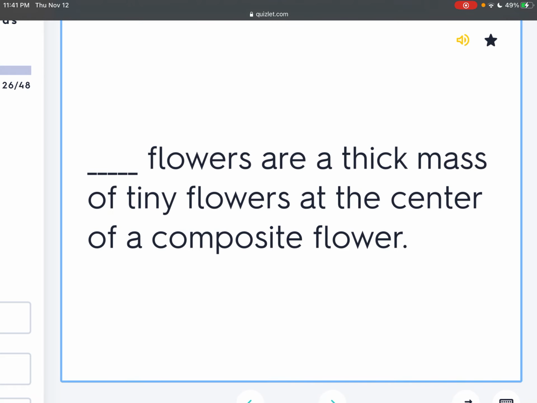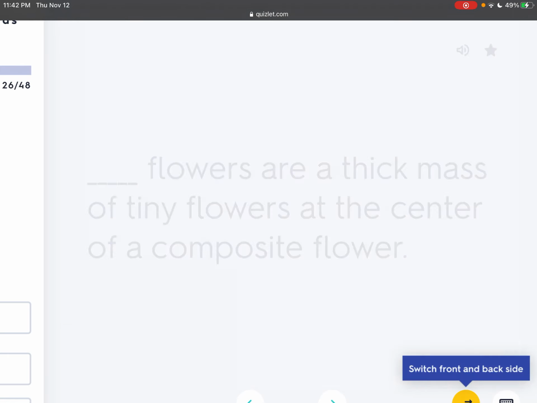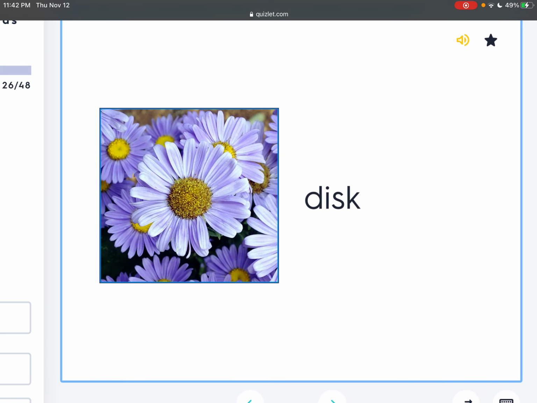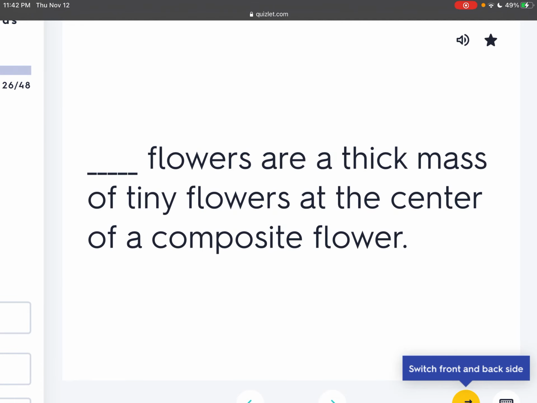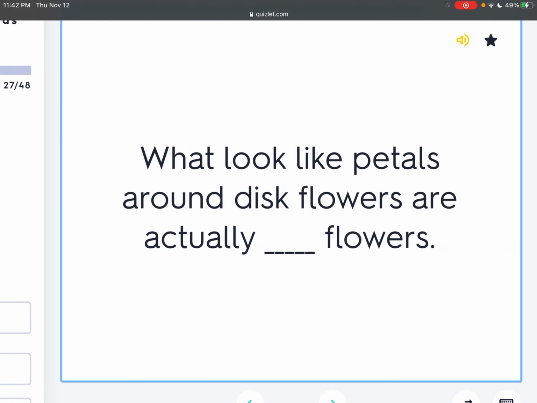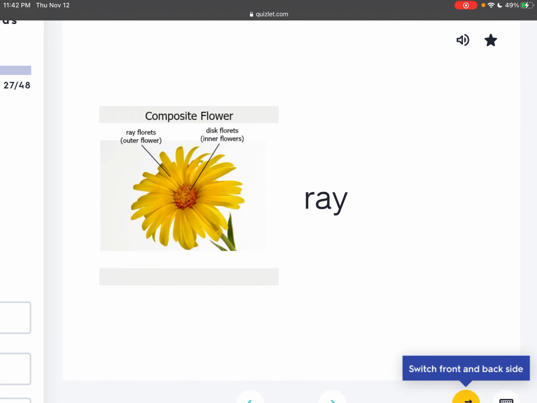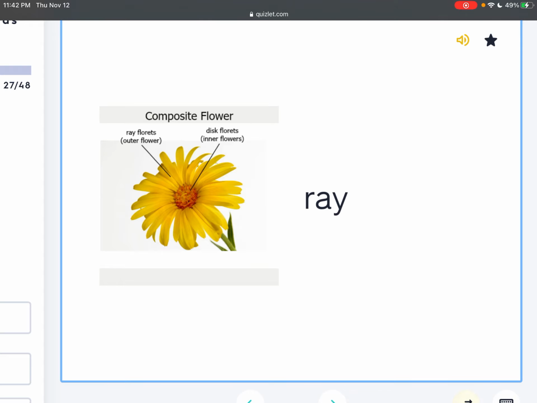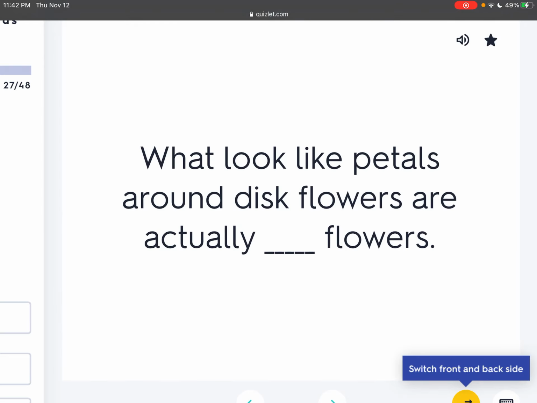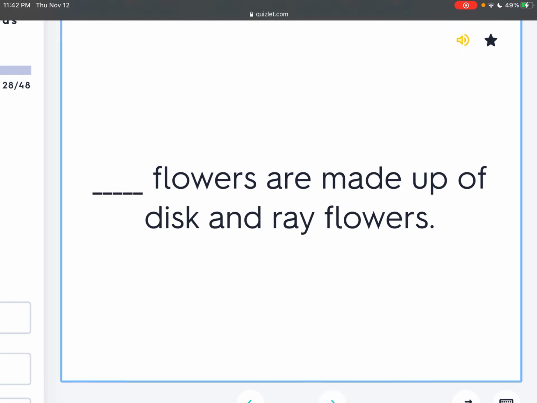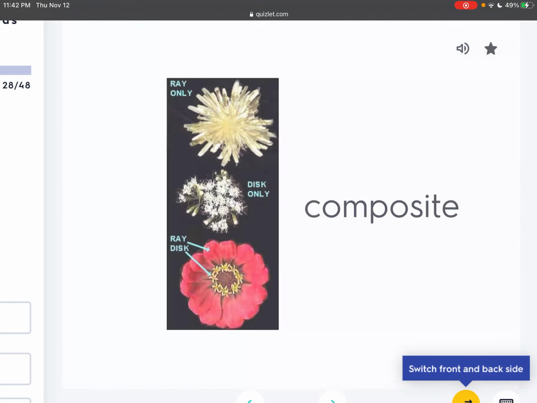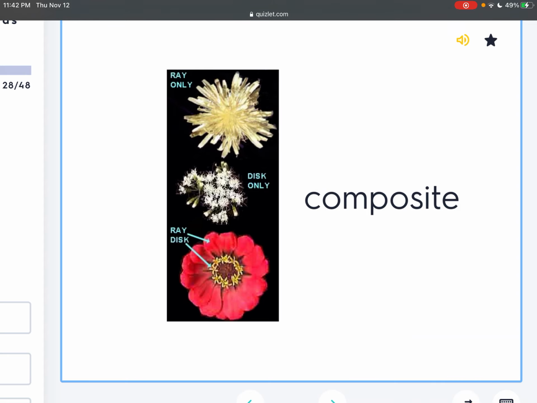Blank flowers are a thick mass of tiny flowers at the center of a composite flower. Disc. What look like petals around disc flowers are actually blank flowers. Ray. Blank flowers are made up of disc and ray flowers. Composite.